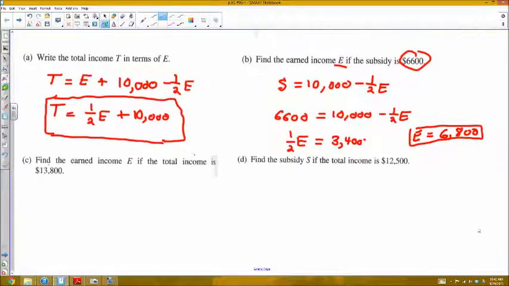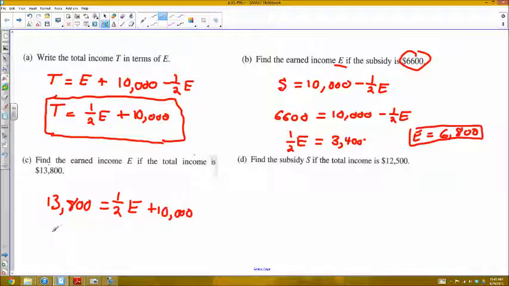Okay, so moving down, it says find the earned income if the total income is $13,800. The equation which relates earned income to total income is the one we found in part A. So using this equation, the total income is 13,800, so I'm going to put that in the total income location, which will equal 1/2 my earned income plus 10,000.